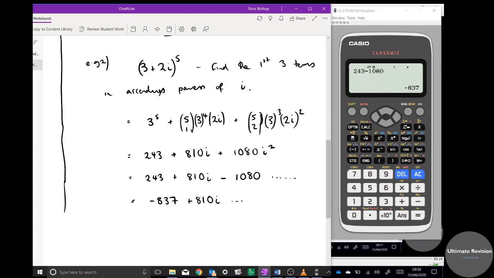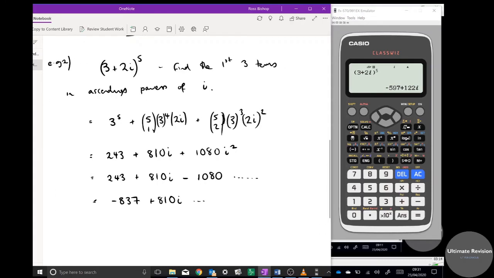Now, obviously, I could expand the whole thing, in theory, in my calculator. If I do 3 plus 2i to the power of 5, you'll notice that it is different to this, and you might have to think to yourself, well, why is it different?